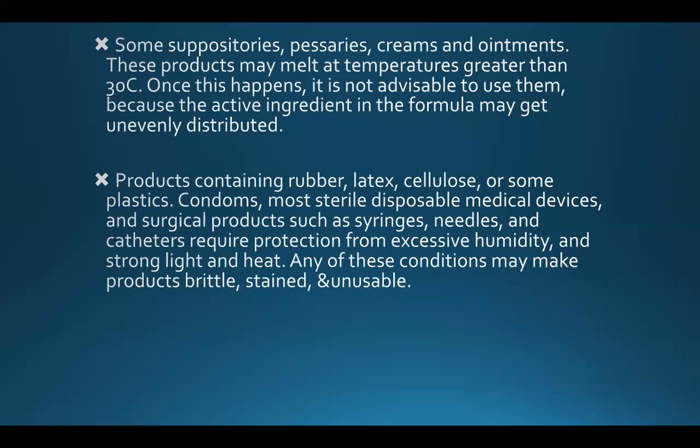If the humidity is high in that area, they become brittle and stained, and they are unusable. These products are mostly rubber, latex, cellulose, or some plastics, like syringes. So they must be stored in a humidity-controlled environment.